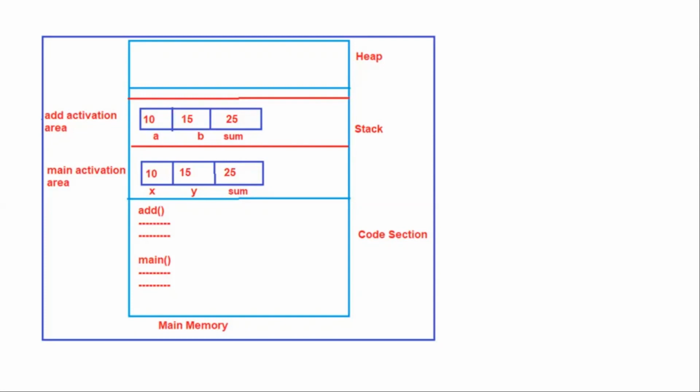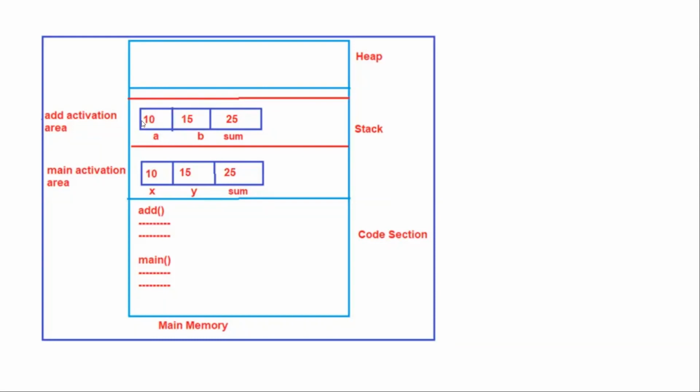If you remember, I mentioned one thing: when the main method executed, in memory we have only the activation area for the main. It did not declare any variables associated with the add function. Only after invoking the add function, the variables got created in the memory.